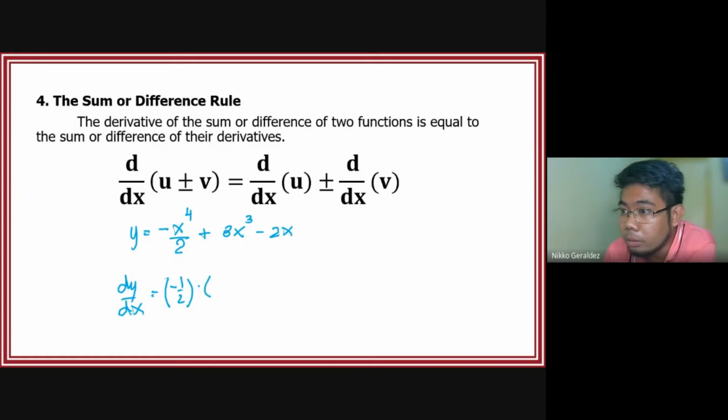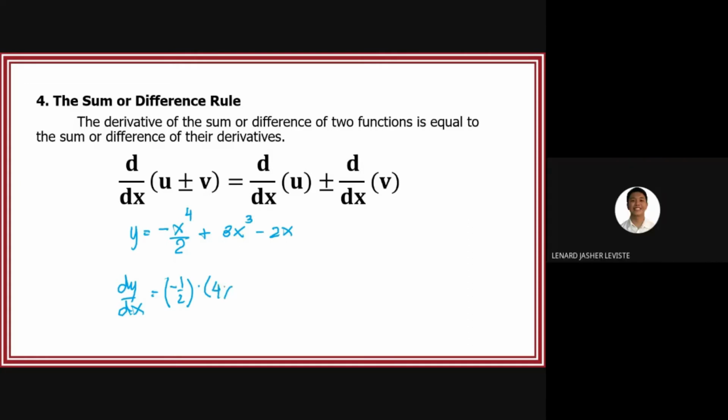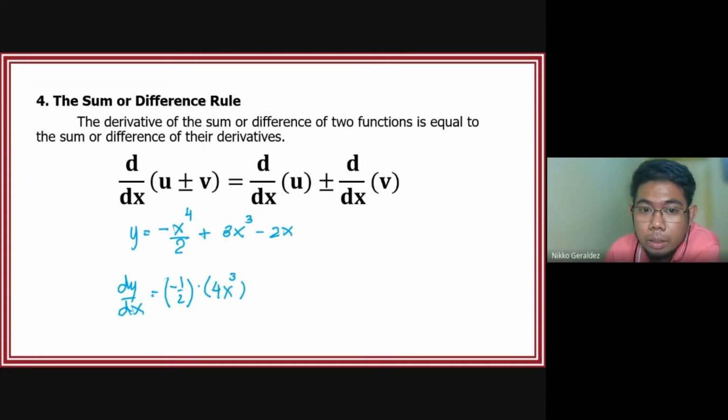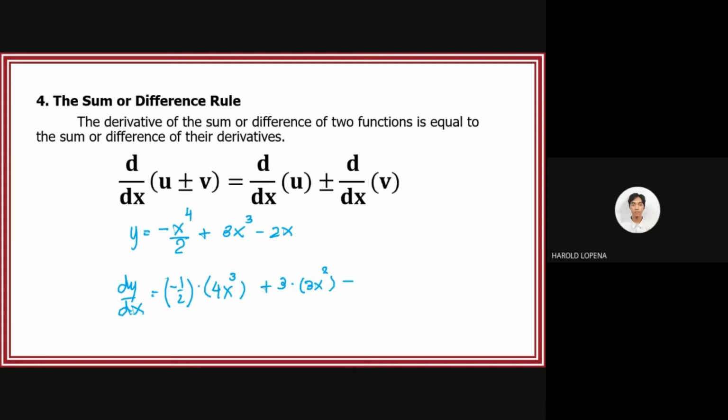Power rule, derivative of x raised to 4 is 4x cubed. Then plus 3x cubed, constant multiple rule, so 3 times the derivative of x cubed, which is 3x squared. Minus 2x, the derivative of 2x is 2.